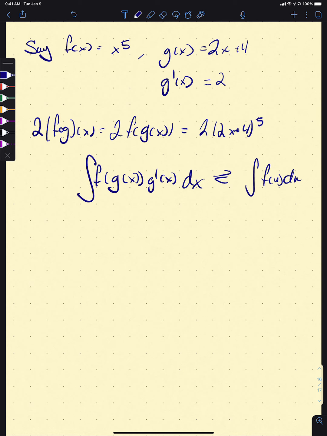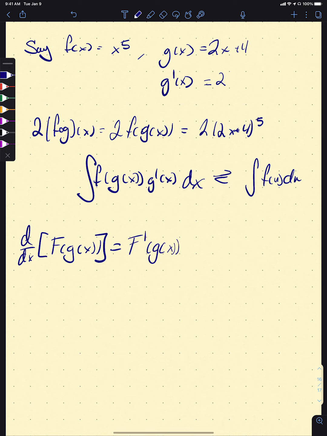Suppose we have some antiderivative capital F of f. Then d dx of F of g of x, using our chain rule, we get this: the derivative of the outside with the inside plugged in, times the derivative of the inside.